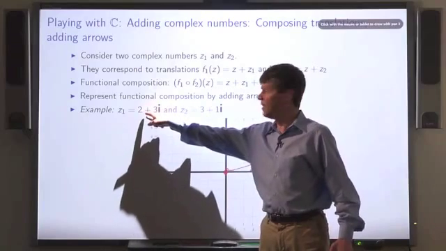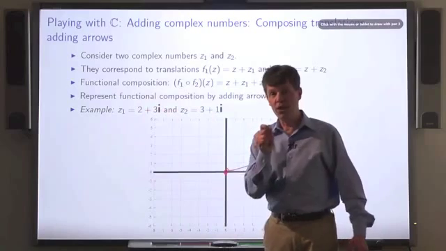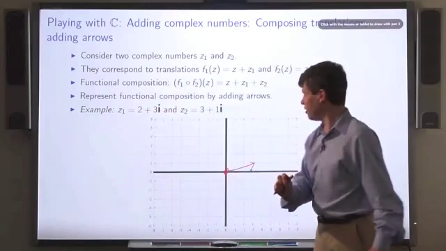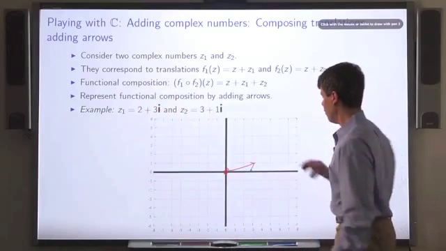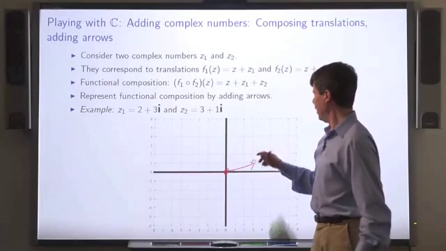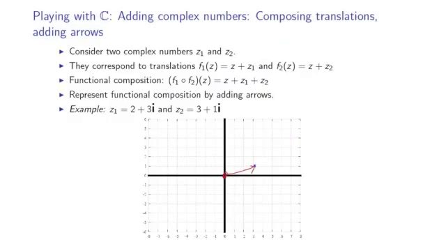This complex number says move 2 units to the right and 3 units up. Now we can write it as an arrow with the tail located anywhere, and a convenient place to put the tail is at the head of the last arrow. So we're going to put it right here. Here's the tail. The head will be 2 units to the right and 3 units up. So this complex number is represented by this arrow.